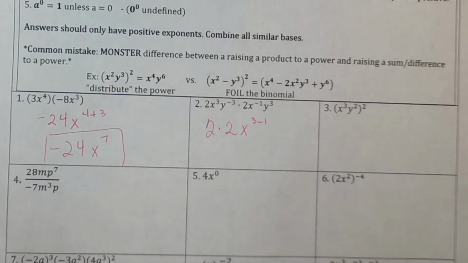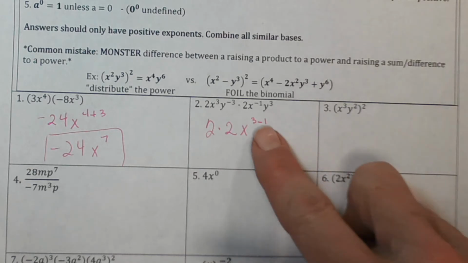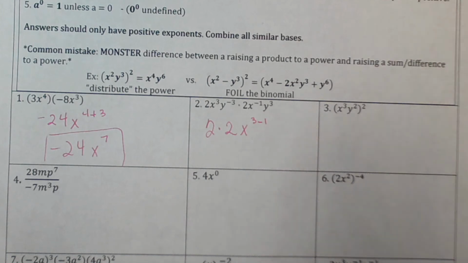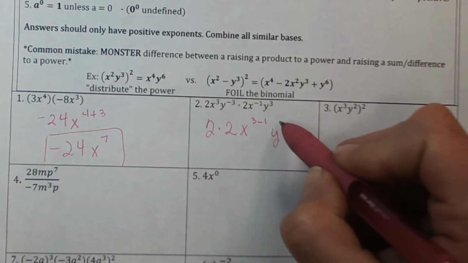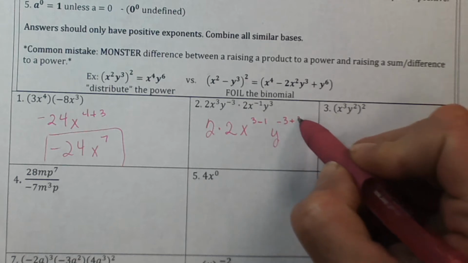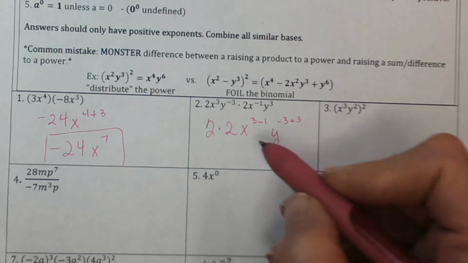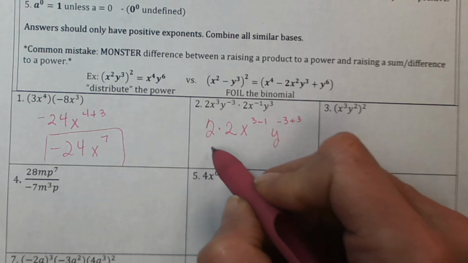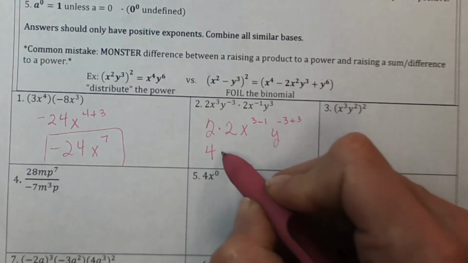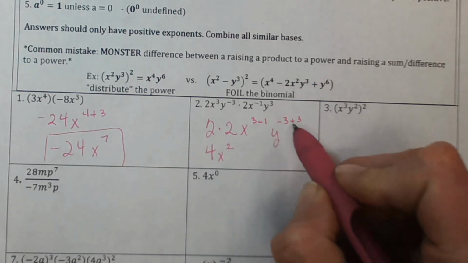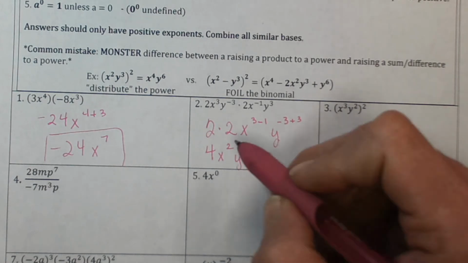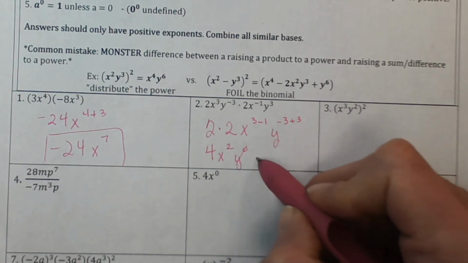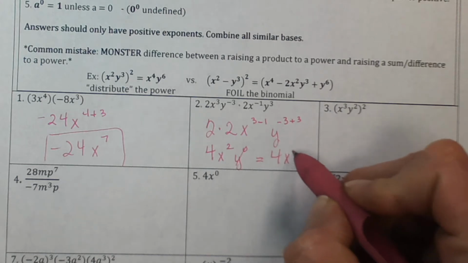Normally when multiplying we add the exponents, but adding a negative is just subtraction, so at this stage you can just combine them. Then I would have the y, and then negative 3 plus 3. So 2 times 2 is 4, and we have x squared, and this would give me y to the 0. But we know y to the 0 is just 1, so we would have 4x squared.